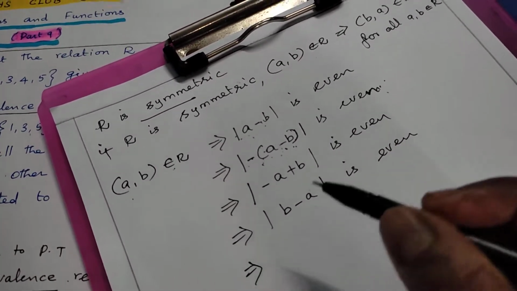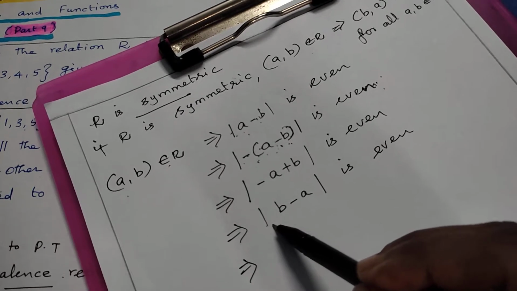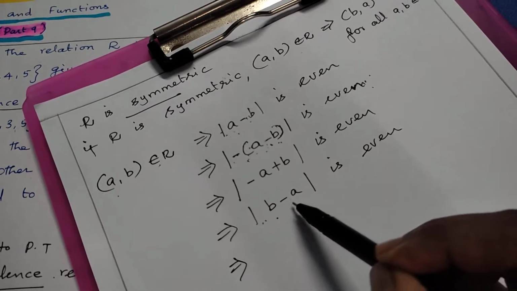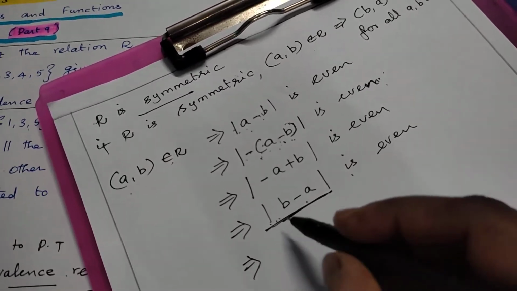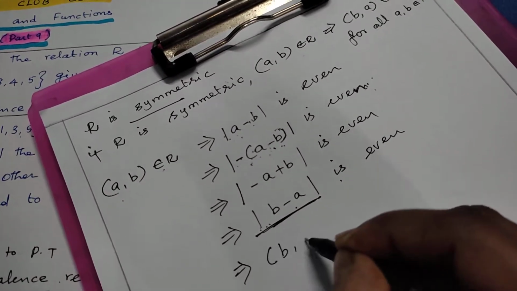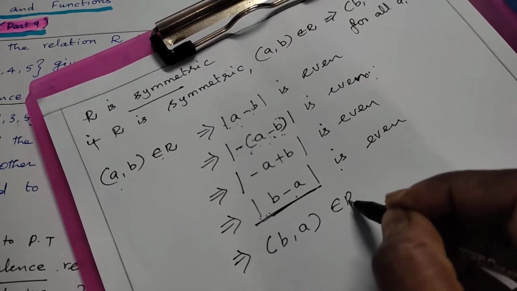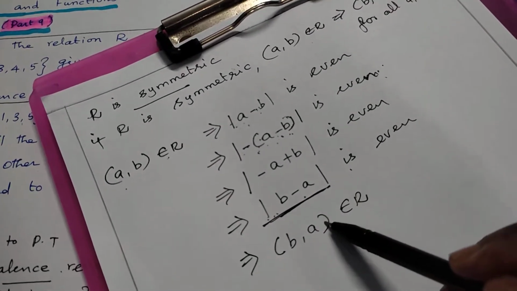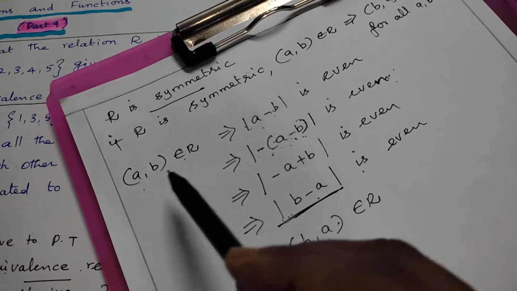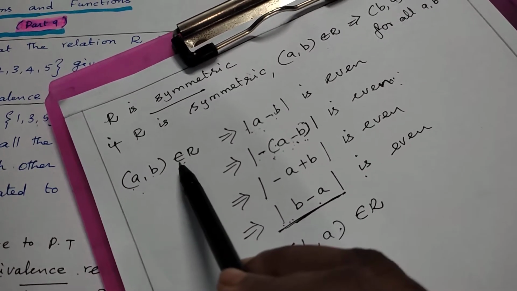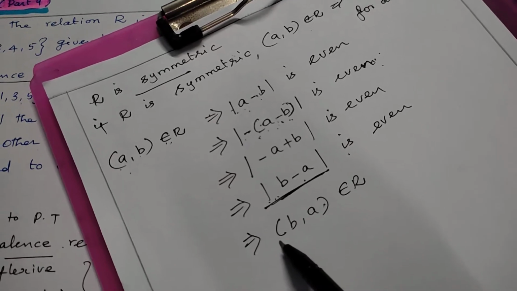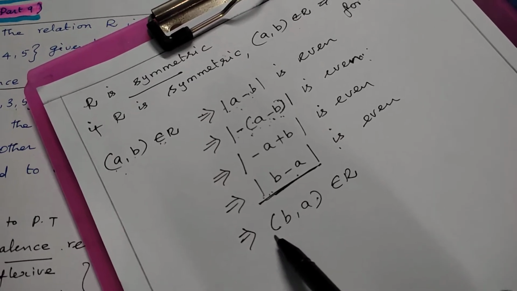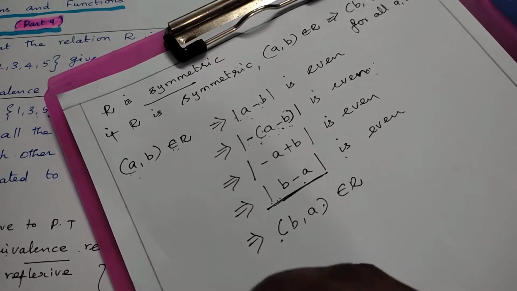From the given relation condition, modulus of B minus A is even means B comma A belongs to R. So we have A comma B belongs to R implies B comma A belongs to R.